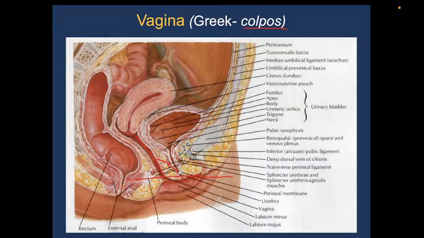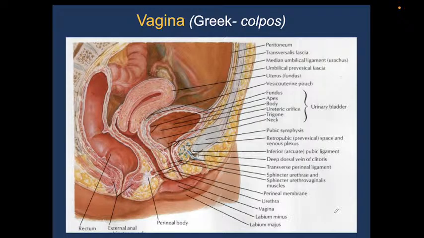This angle is from 110 to 130 degrees. That's the normal position of the vagina in the pelvic cavity.